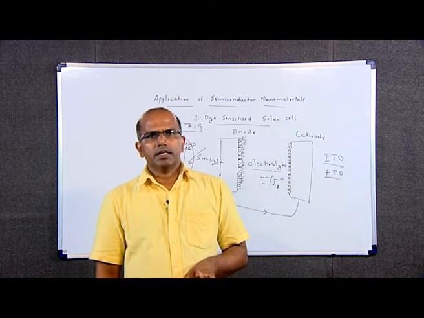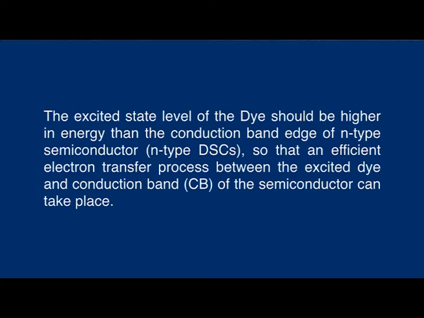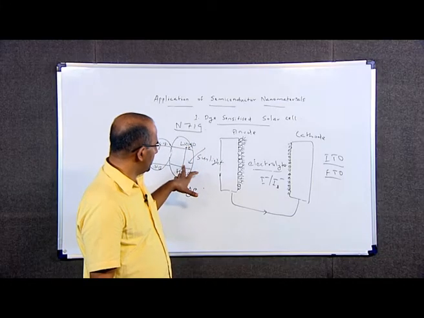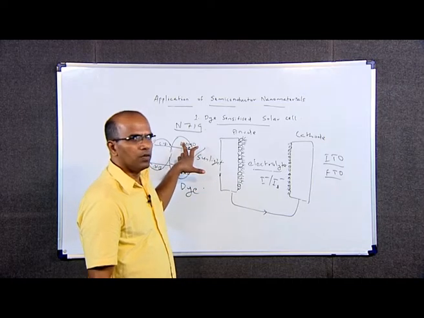And the third characteristic of the dye is that the excited state level of the dye should be higher in energy than the conduction band edge of the semiconductor, meaning that we are exciting the electron from the HOMO to the LUMO of the dye.